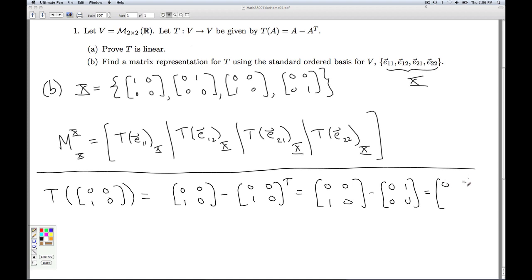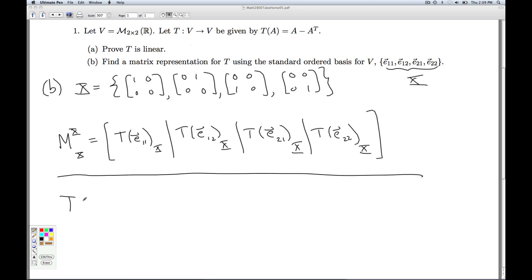That gives us 0, negative 1, 1, 0. Now I try to express this in terms of X coordinates. So I have 0 of the first basis vector, negative 1 of the second basis vector, 1 of the third basis vector, and none of the fourth basis vector. This is going to be our third column in the matrix representation of T.